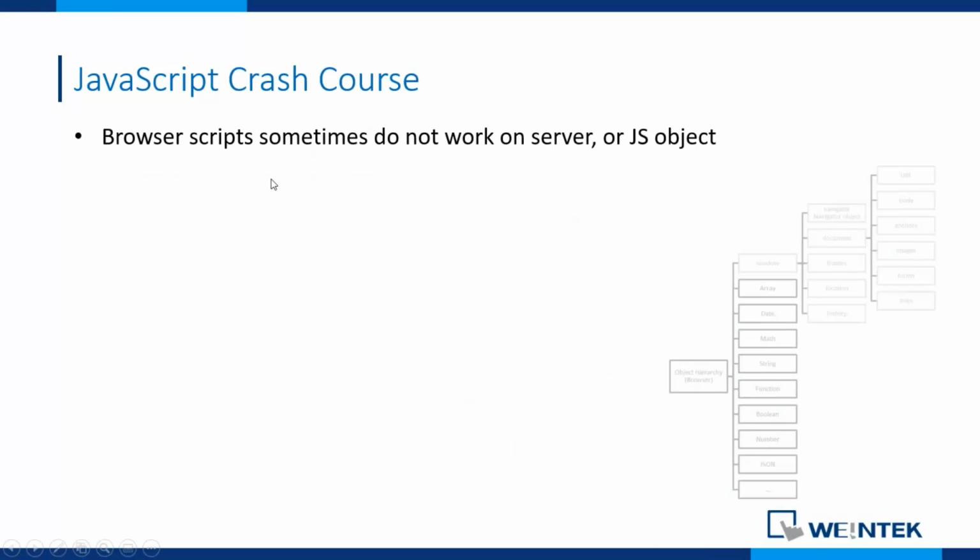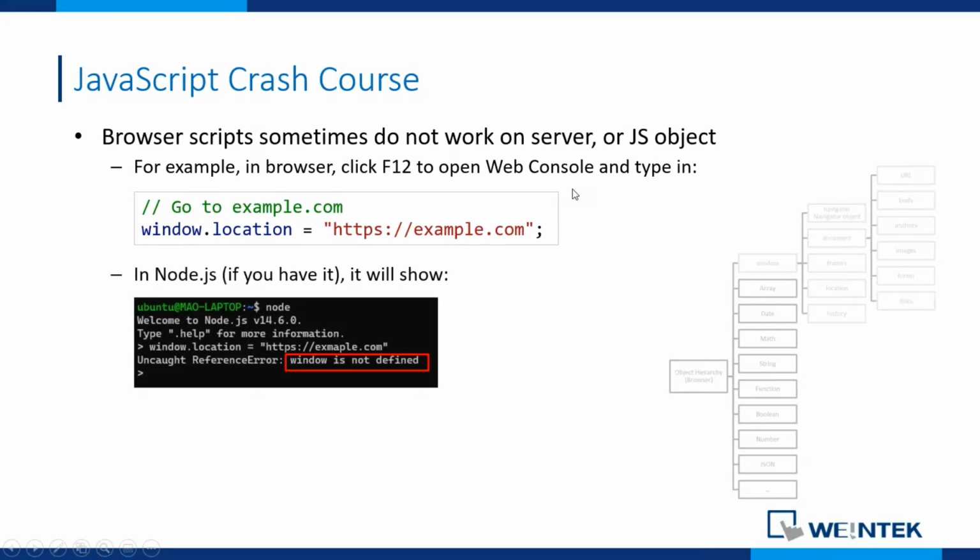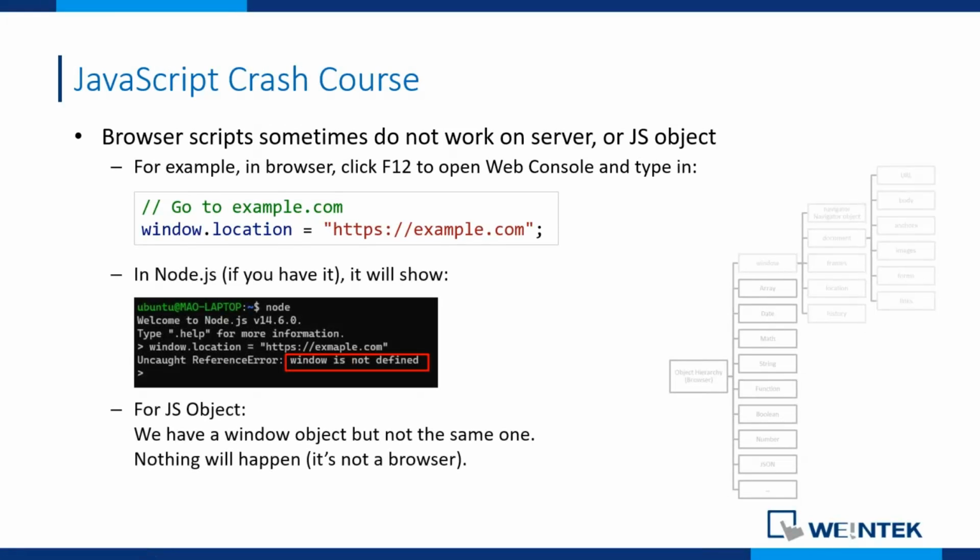So most of the time, browser scripts do not work on the server or our JavaScript object. You have to modify them a little bit, which we call porting, porting the JavaScript from browser-based to our JS object.